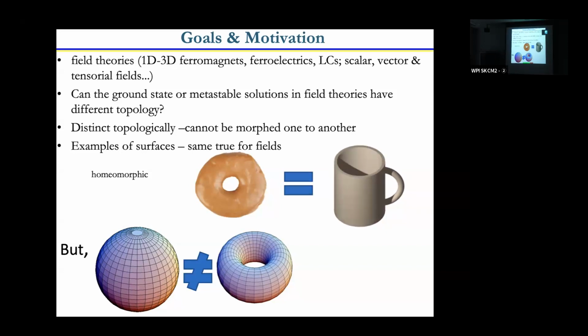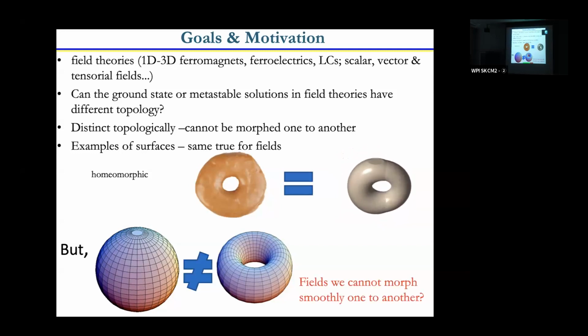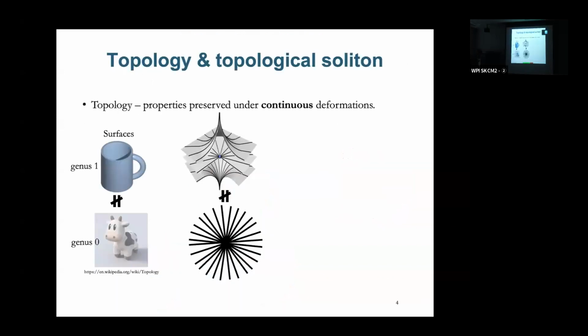The distinct topologies that we will introduce in these order parameter fields will have that similarity to the surfaces that you've seen here: when you can morph one to another, they will be considered topologically similar, and when you cannot smoothly transform one to another, they will be topologically distinct.